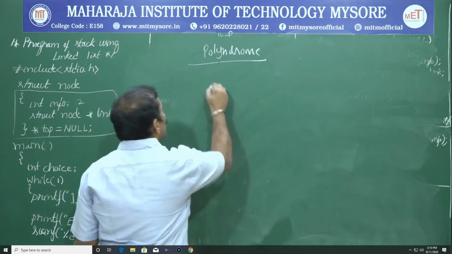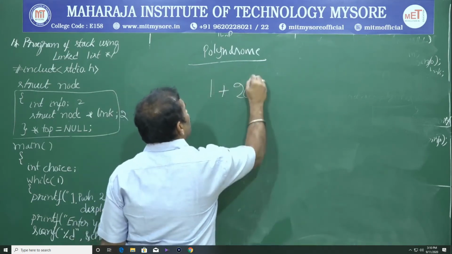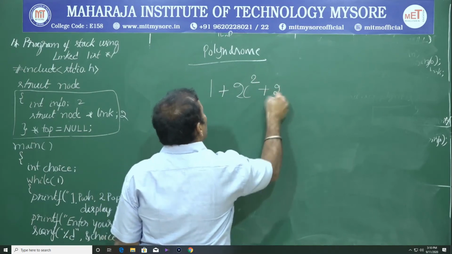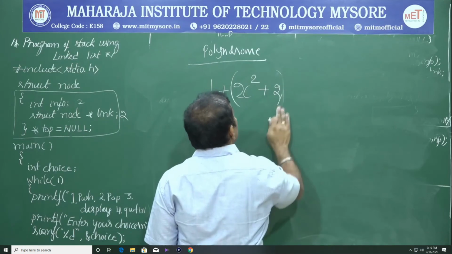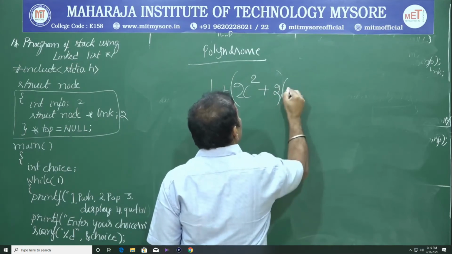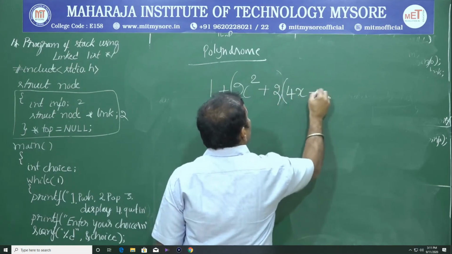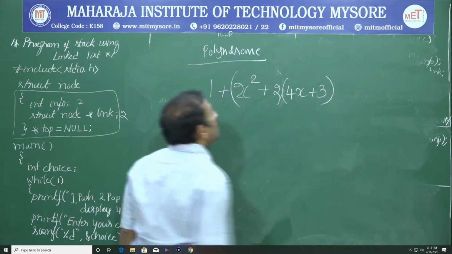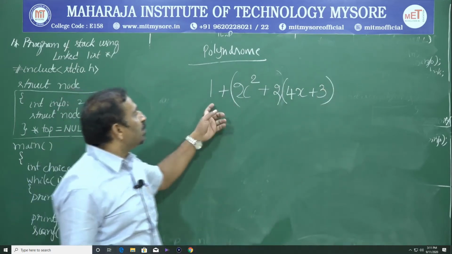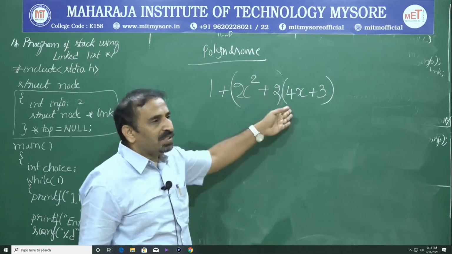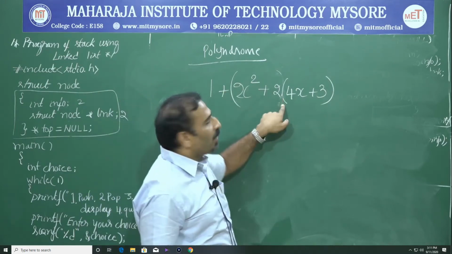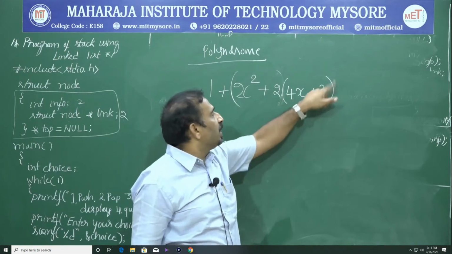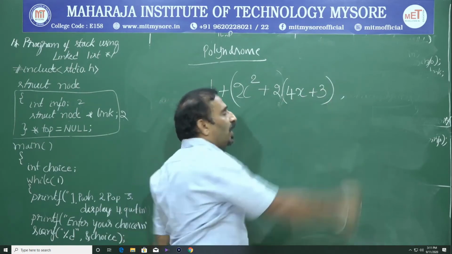Take this case. By chance, if you have written an expression something like this, I am just taking an arbitrary example: 1 plus x square plus 2 followed by open bracket 4x plus 3 and close the bracket, and put a semicolon.